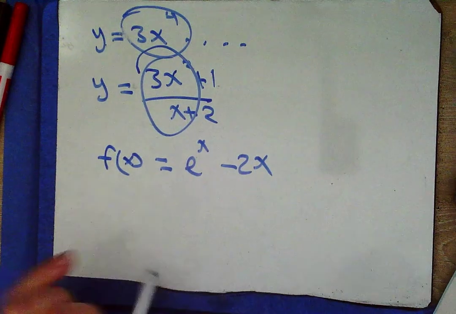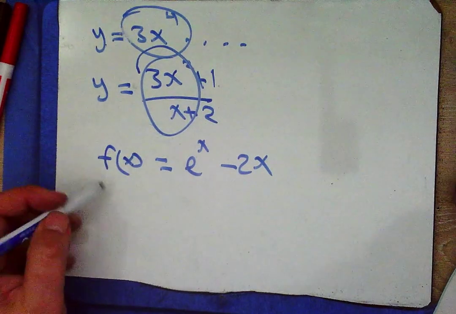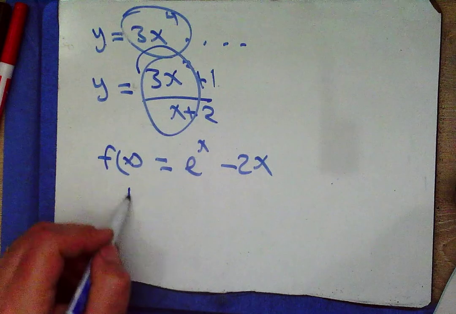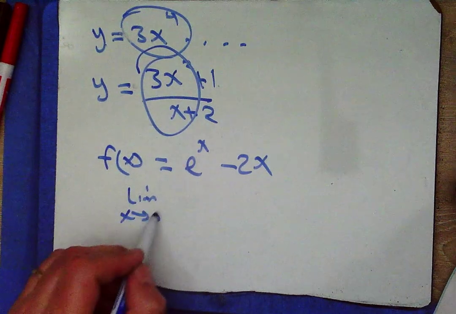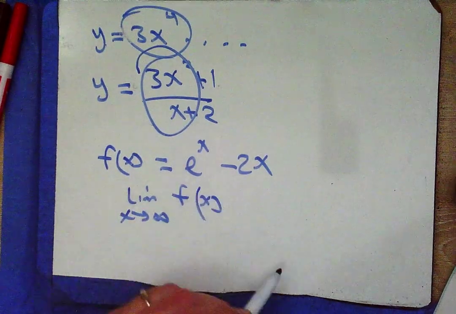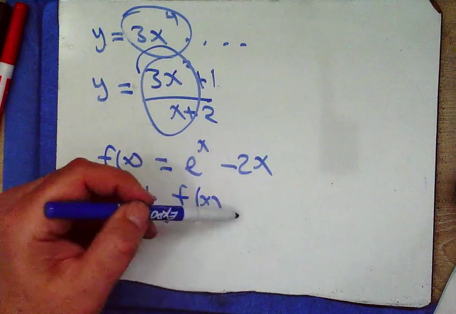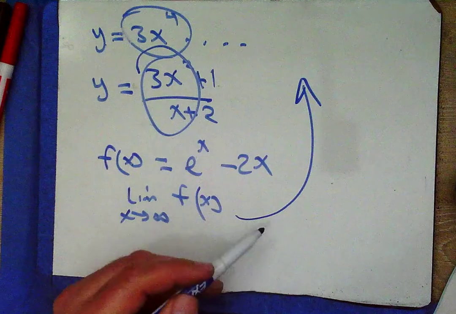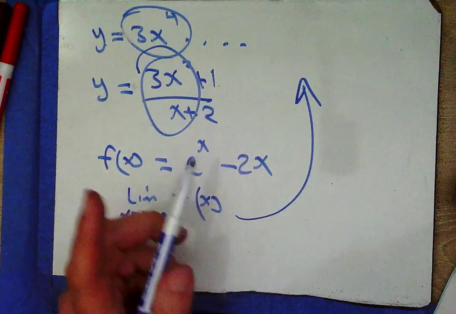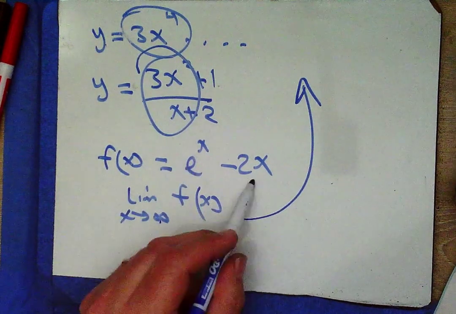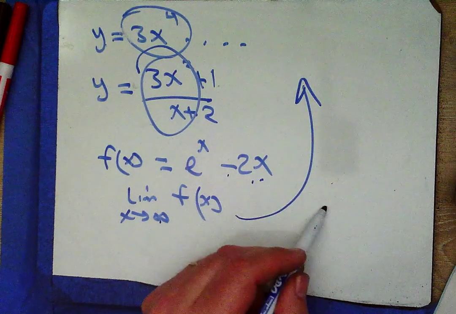I know this, though. I know if I think about the limit as x heading to infinity for f of x, I know that this function is exponential, and this function is going whee up to infinity wicked fast. But at the same time, this is headed towards negative infinity.